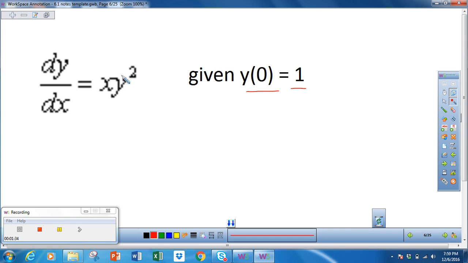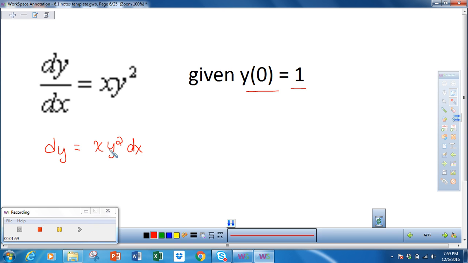So for dy/dx, we're going to separate the variables. All of the x's are going to go on the right. All of the y's are going to go on the left. But remember, dy and dx, when we're done, have to be in the numerator. So to separate the variables, I'm going to multiply both sides by dx. So I get dy equals xy squared dx.